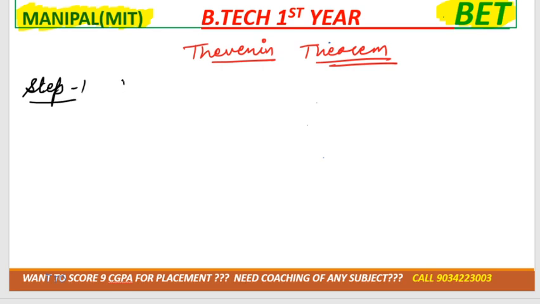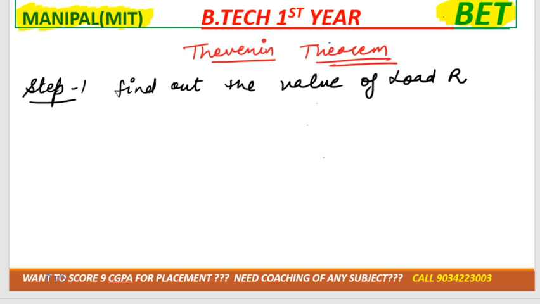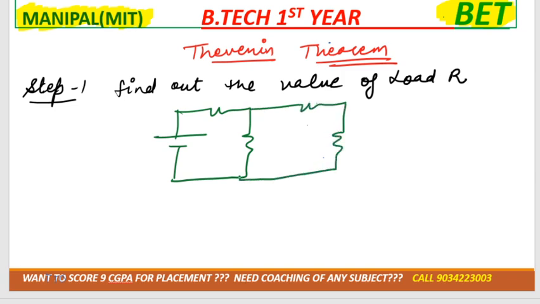Step number 1: we have to find out the value of load resistance. What is basically a load resistance? In whichever branch we need to calculate the current, that is known as load resistance.